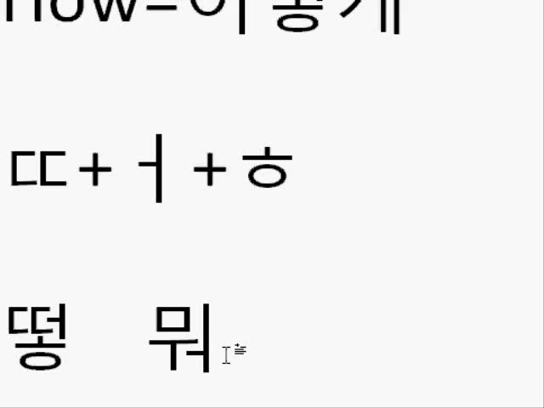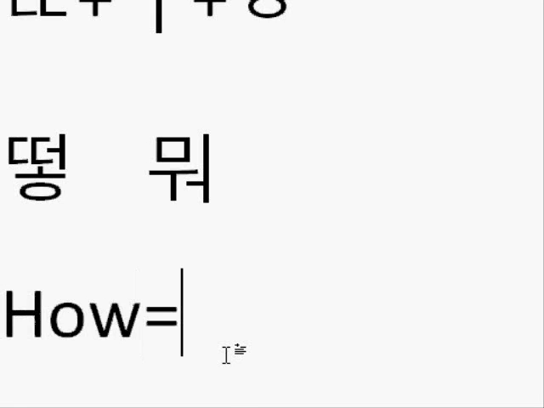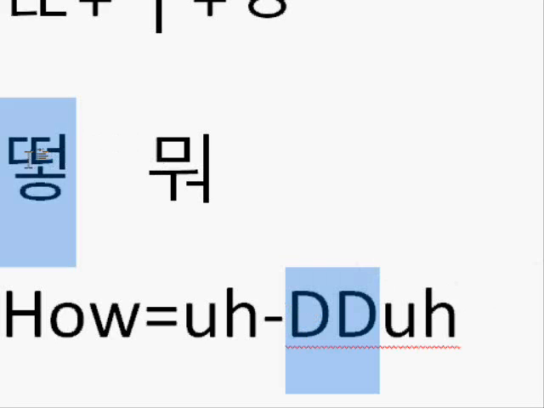Anyways, apart from that, if you were to pronounce how, it sounds like o-tto. This double D is the same as the consonant here. O-tto.